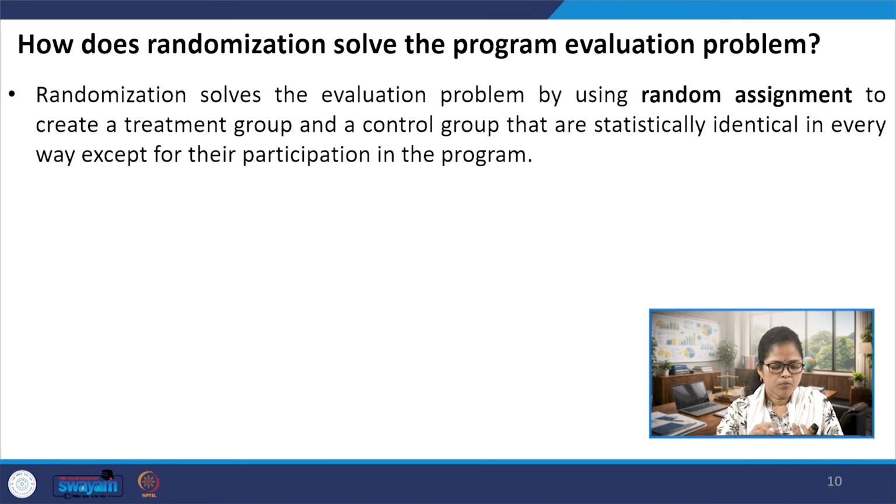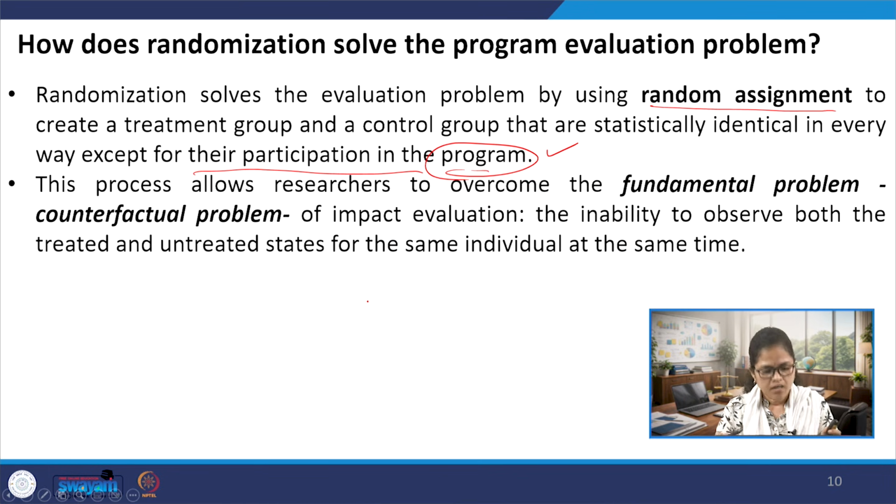Okay, so we can say that randomization can solve this evaluation problem, basically counterfactuals, by using what is known as random assignment to create two groups. One is the treatment group and the other one is the control group, and these are statistically identical, as I just discussed, in every respect except their participation in this program, which is acting as an intervention.